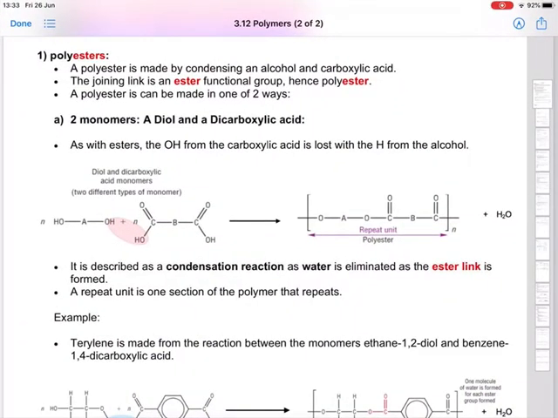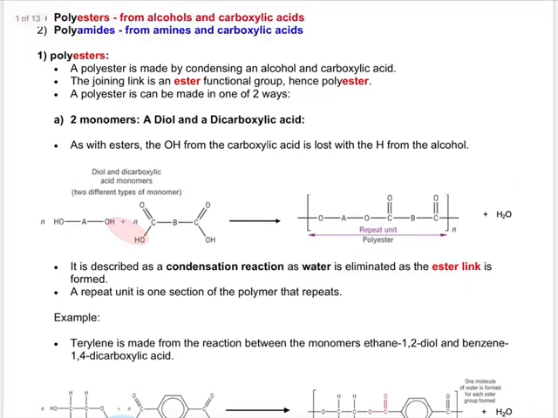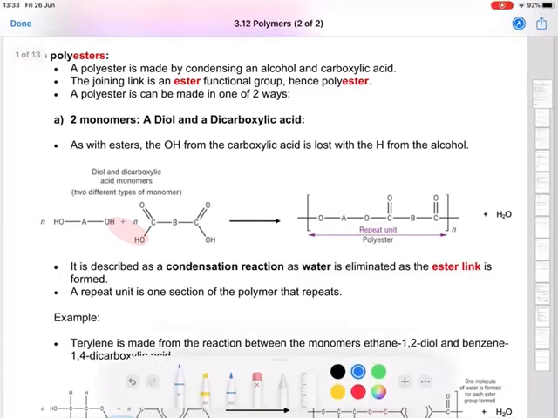So here's probably a neater way of looking at it. I've got two types of monomers in here. I've got a diol, which is here, and I've got a dicarboxylic acid.